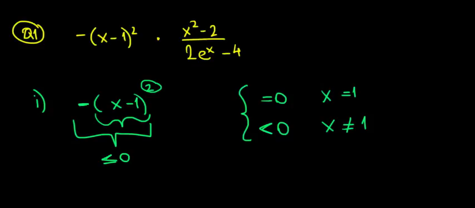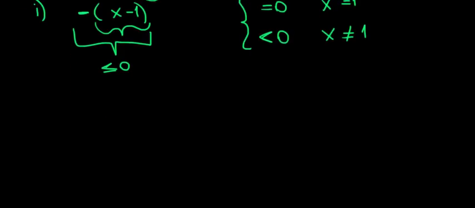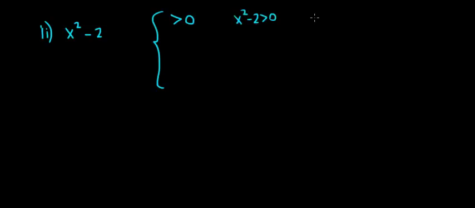Let's go to the second one, x squared minus 2. So let's take more space, x squared minus 2. What do we have here? Well, let's see. When can this be positive? It can be positive when x squared minus 2 is positive.